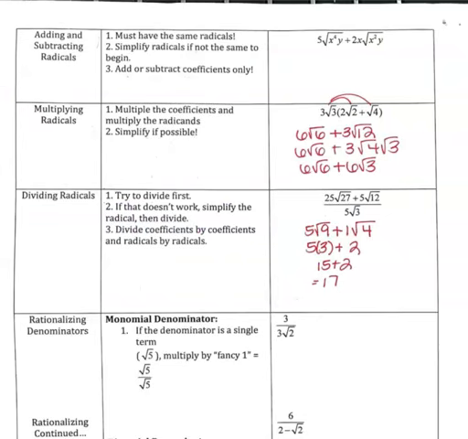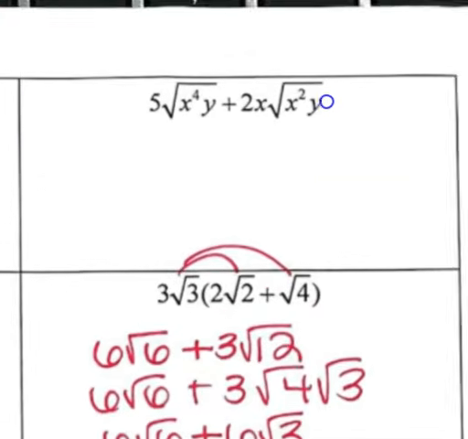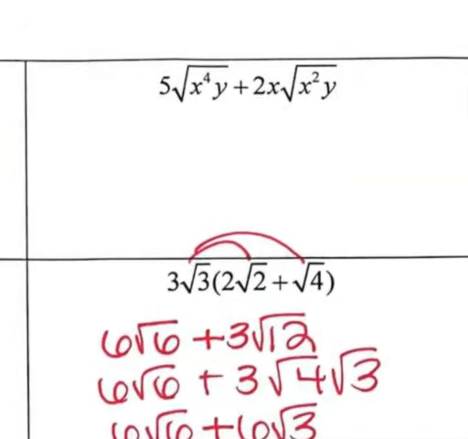Next is adding or subtracting radicals, which, it's important to know, in order to do this you need to have the same radicands. So I'm going to zoom in here. I'm going to take a moment here and simplify just like what I did in my previous example with squares. I'm going to break this up into good radical, bad radical.